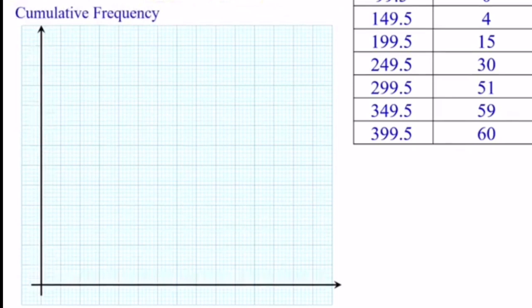Now let's see how to plot the points one by one. Before that, let's label the horizontal axis and the title for the Ogive or cumulative histogram. So for the horizontal axis, we will be using upper boundary, all right?